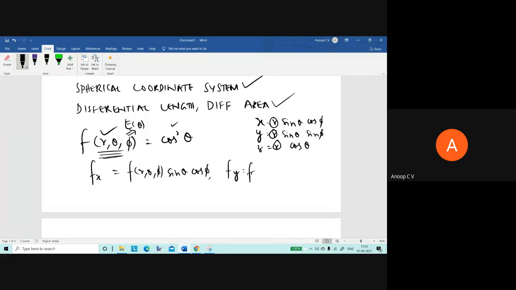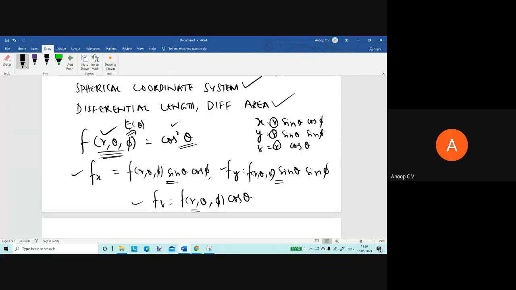So the y component is f of r, theta, phi times sine theta sine phi, and the z component is f of r, theta, phi times cos theta. This is what I should mention. If I write r is equal to cos square theta, GeoGebra cannot display that. I should write the x component, the y component, and the z component.